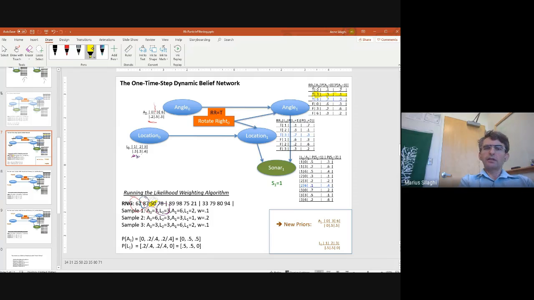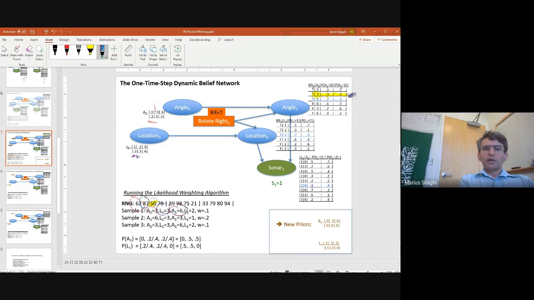So we are sampling this, and we happen to be at the random number 50. Up to 30 it was angle 0, up to 40 is angle 3, and we are further, because 50 is bigger than 40. So we are at angle 6, and you see here angle 6.